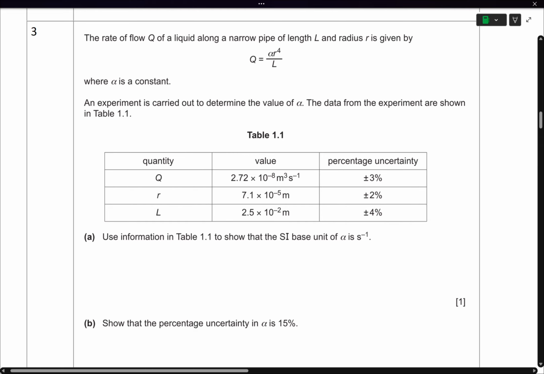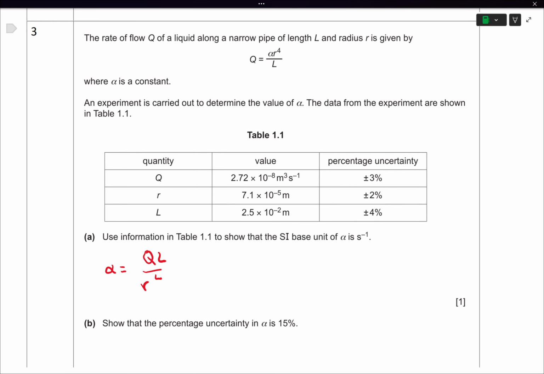So if I just rearrange my equation first, I'm able to write alpha is equal to QL over R to the 4. So in terms of units, the units of alpha are the units of Q times the units of L over the units of R to the 4. So the units of Q are meters cubed seconds to the minus 1.